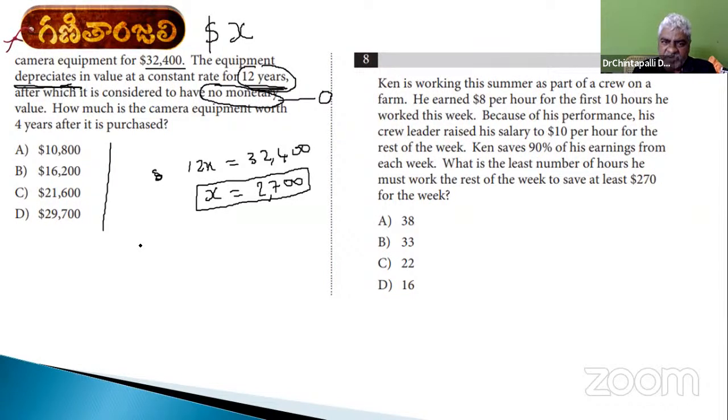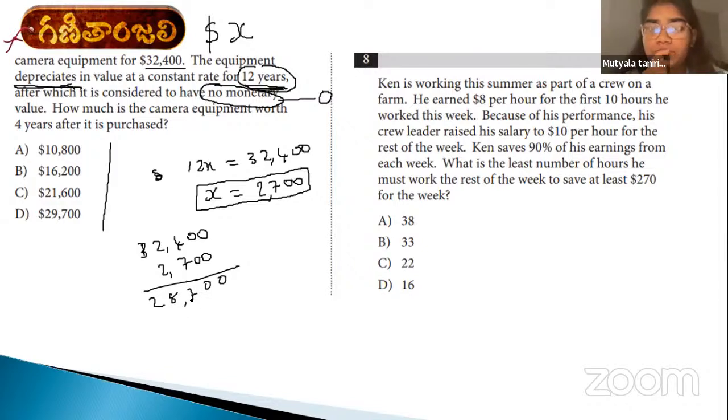That means after 1 year, its value is 32,400 minus 2,700, which is 29,700. After 1 year, its value will be 29,700.